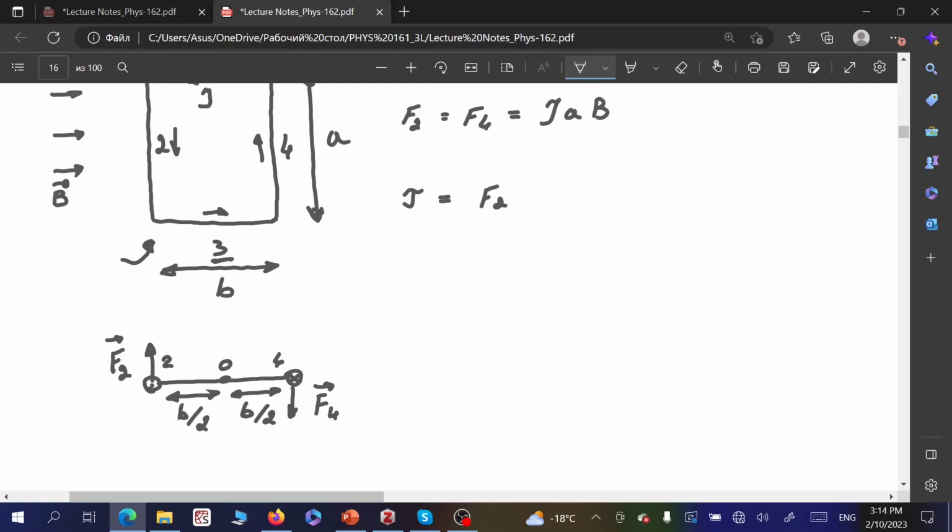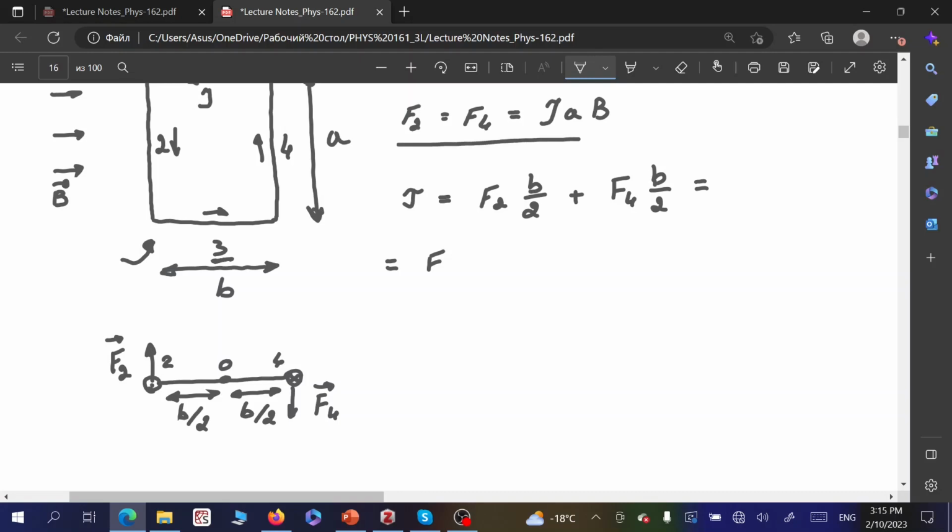It will be F2 times B over 2 plus F4 times B over 2. We can factor out this B over 2 and consider it, let's say, like this, F.